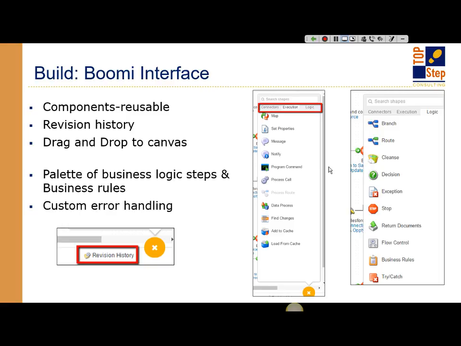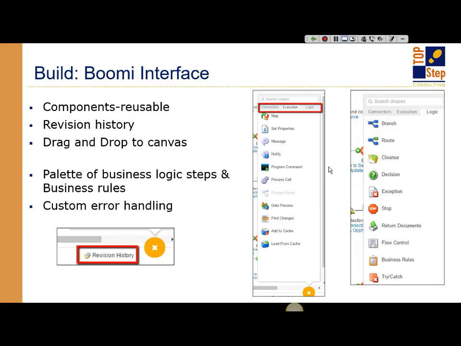There's flow control so that you can limit the number of records being handled at any given time, which is very useful. If you're handling a high volume of data, you'll want to limit how many are being processed so you don't cause any errors by the integrations falling on top of each other. Also, as you build and save, you can see revisions, and you can always revert back.